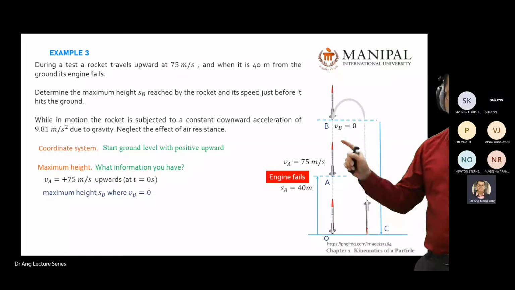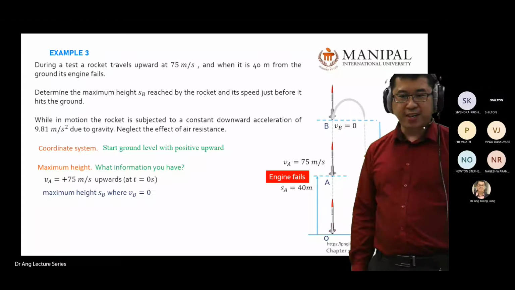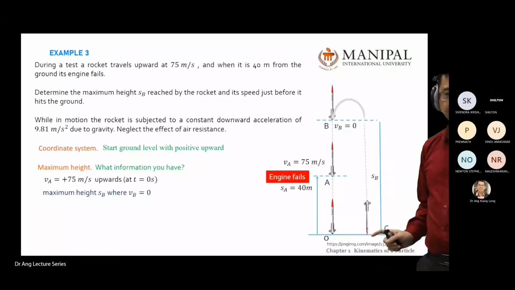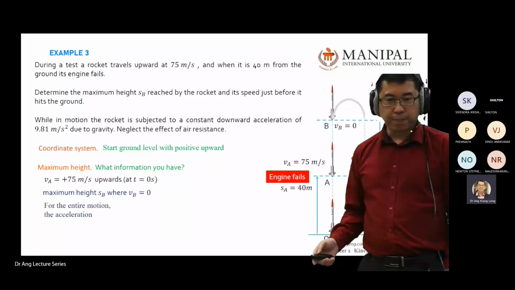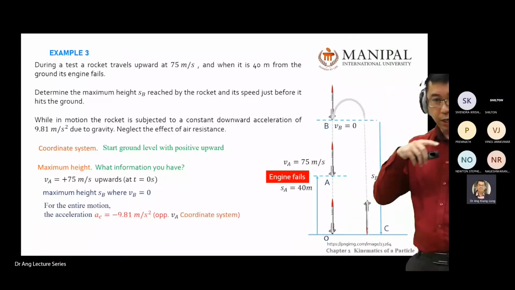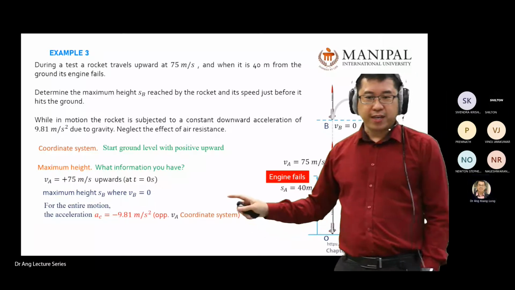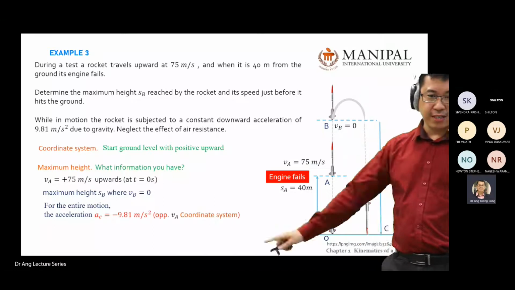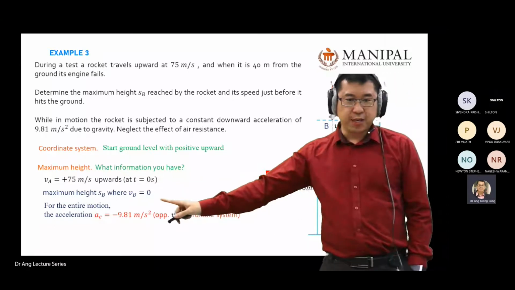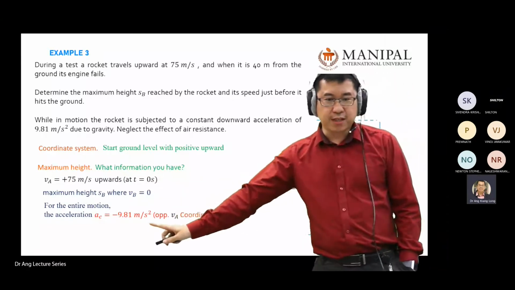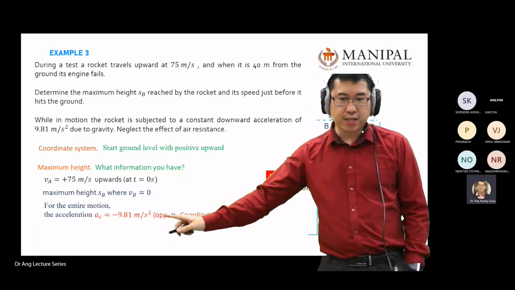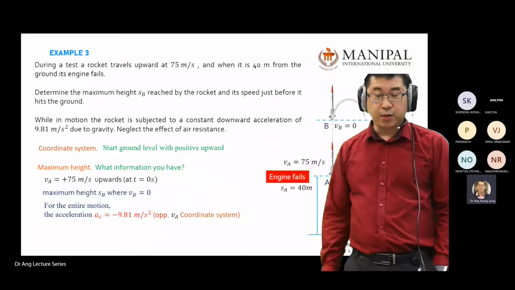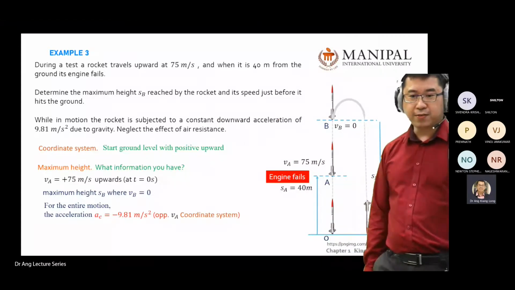You have VB, you have VA, you have the acceleration of gravity, so you can find the answer. There will be one particular equation that already has all the parameters, with only one you need to find. You have VA, VB, and you have constant acceleration, which means you can use the three equations that we learned just now.